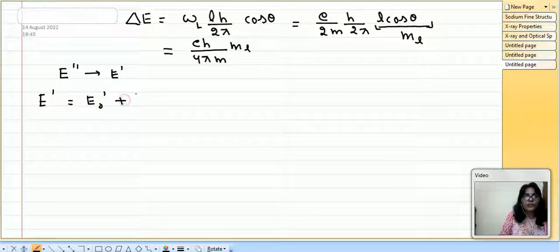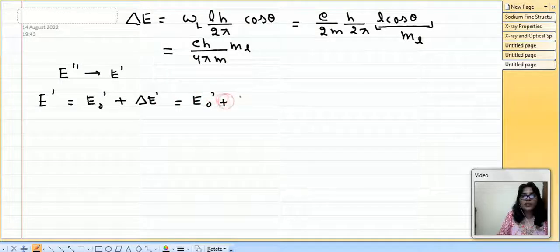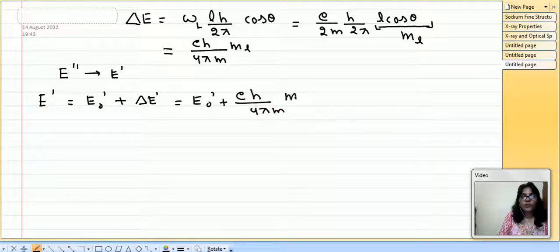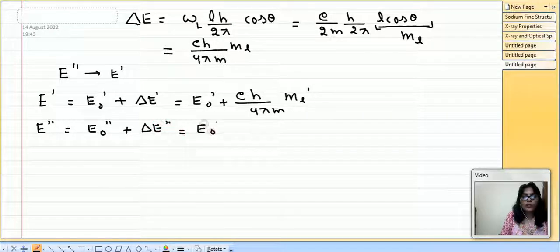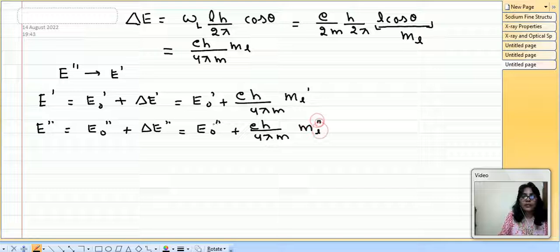So E naught dash plus delta E dash means Eh upon 4 pi m into ml dash. And similarly E double dash is equal to E naught double dash plus delta E double dash, which is equal to E naught double dash plus Eh upon 4 pi m into ml double dash.